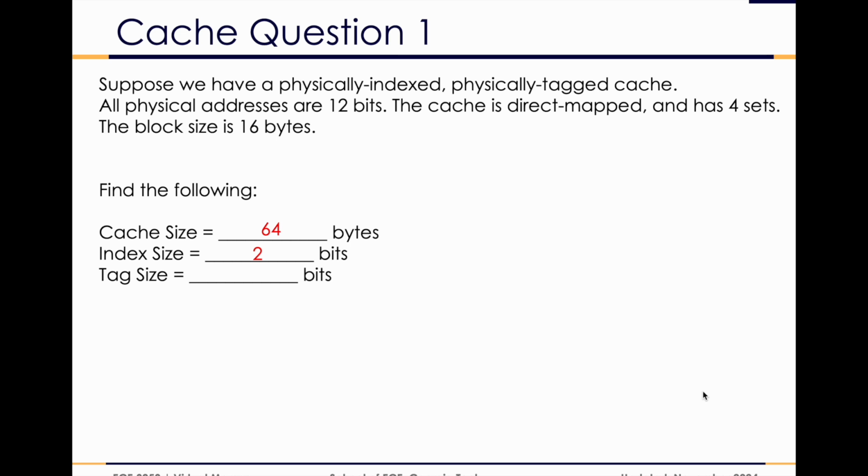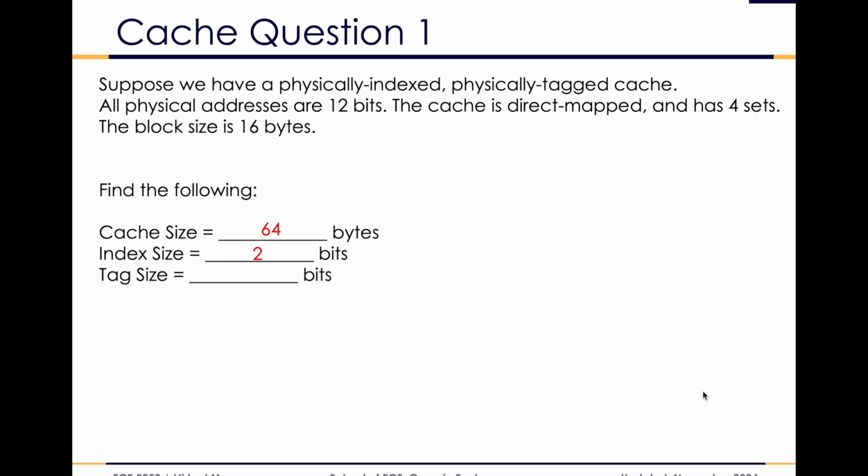Now lastly, the tag size is what's left over from the index and the offset. So you find the index and the offset and then take the address size and subtract those two to get the tag size. We already found the index size is 2 bits, but we need to find what the offset is. The offset is always based on the block size, which here is 16 bytes.